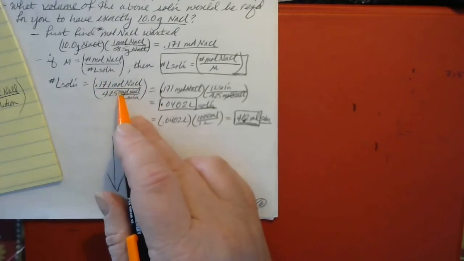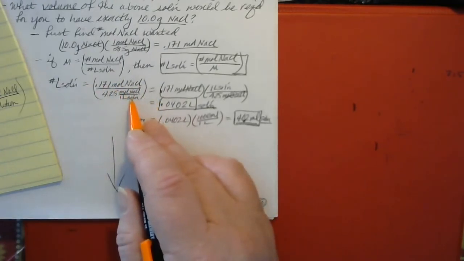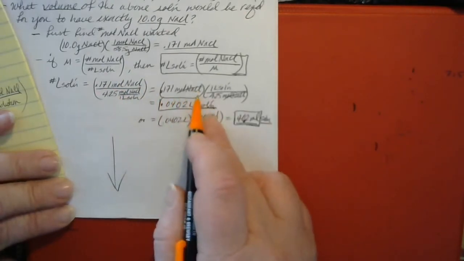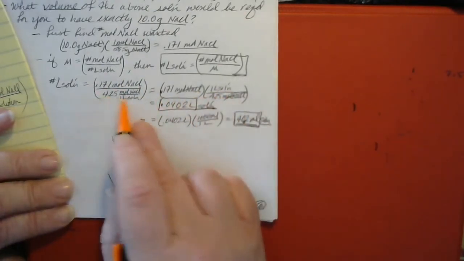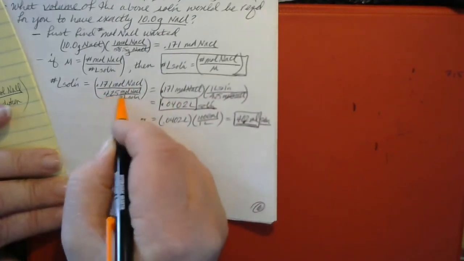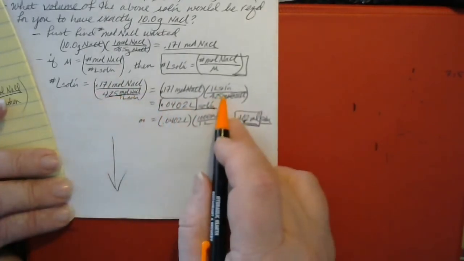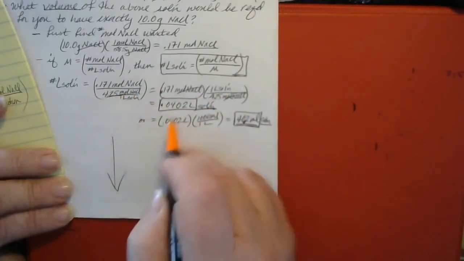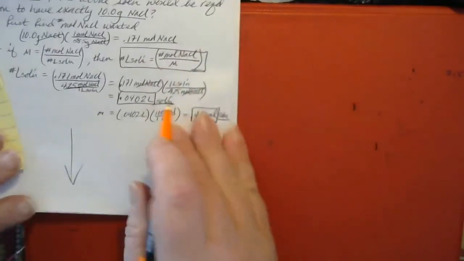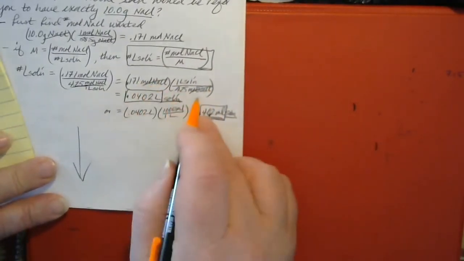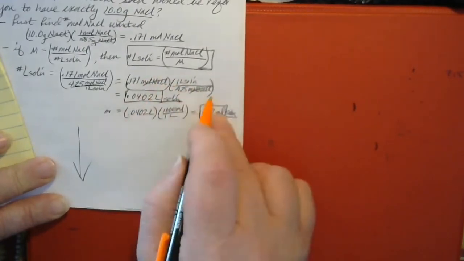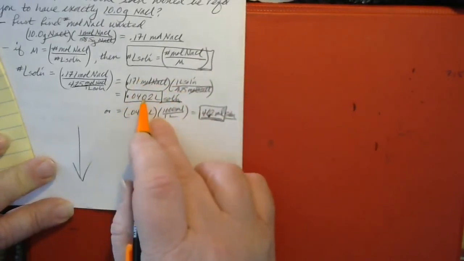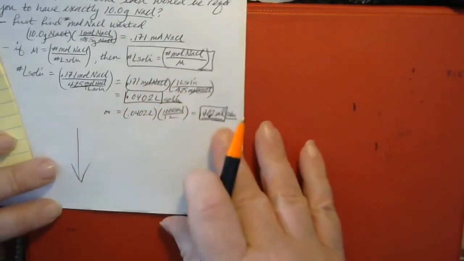Doing it this way is the same as multiplying 0.171 moles of sodium chloride by 1 liter over 4.25 moles, because this is just the reciprocal of the denominator we started with. Doing it this way makes it easier to see how the units work out. Moles of NaCl cancel out, and that leaves you with liters of solution. When you work the number out, it comes out to be 0.0402 liters of solution.